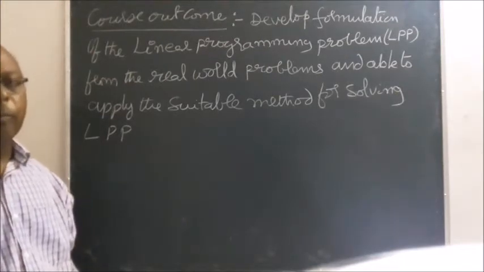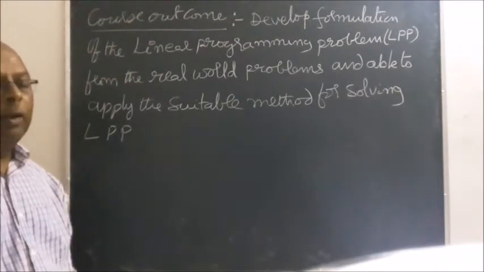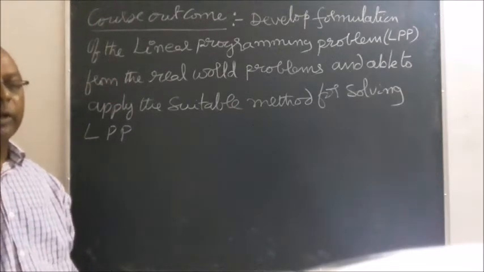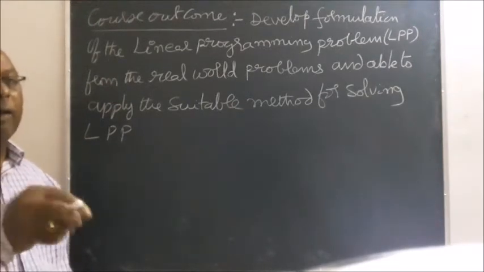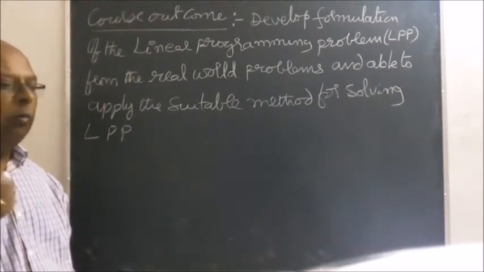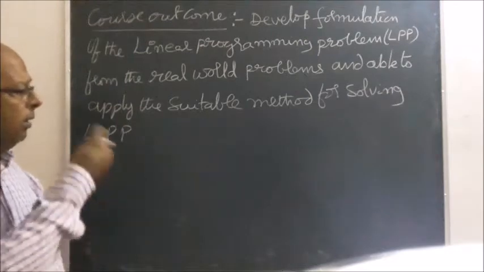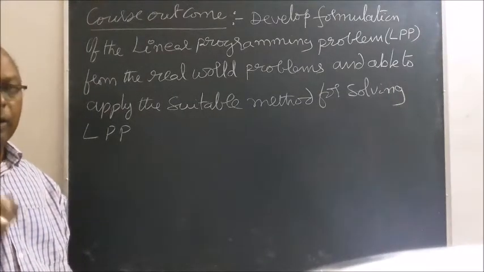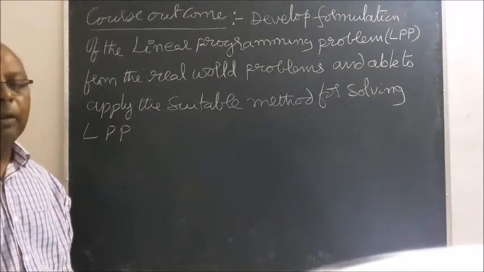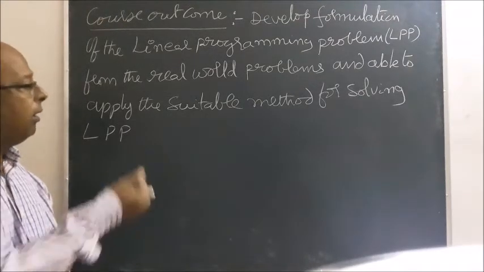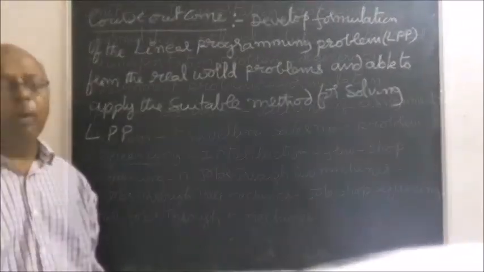Forming a linear programming problem, suppose the problem has two decision variables, use the graphical method. Two or more variables, use the simplex method, particularly the big M method or two-phase method if necessary, and solve the linear programming problem.